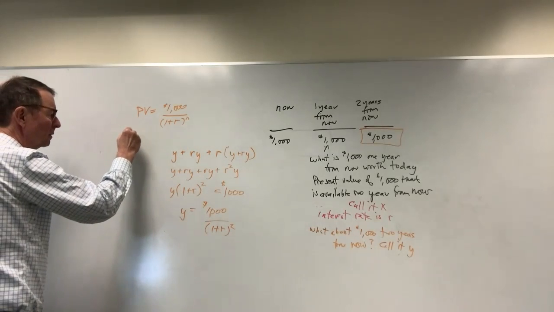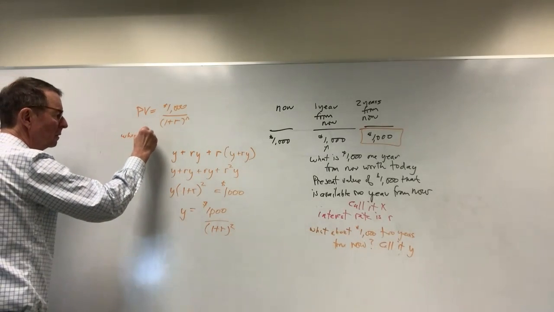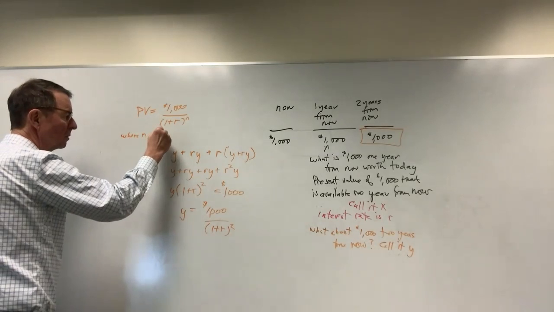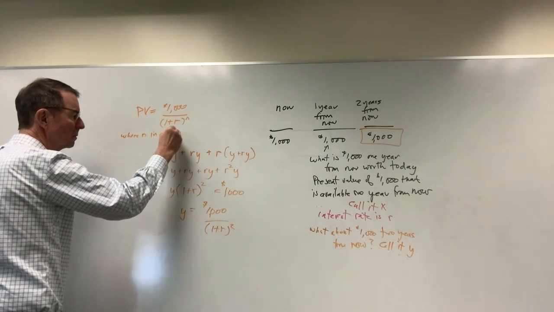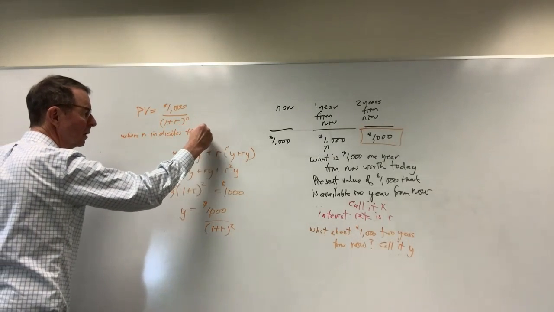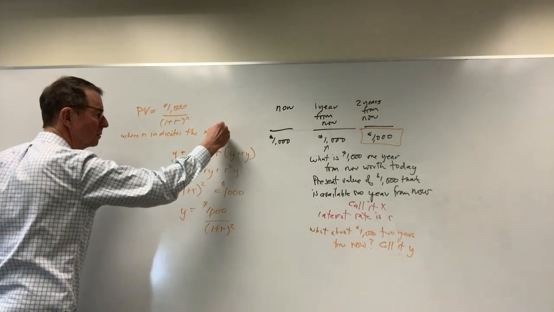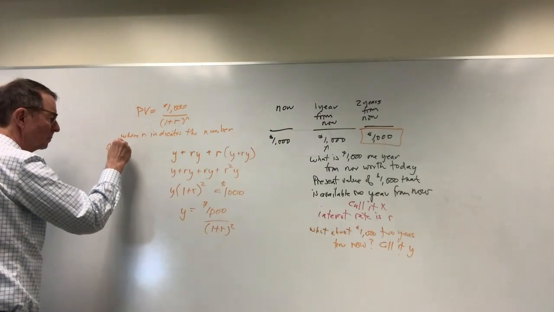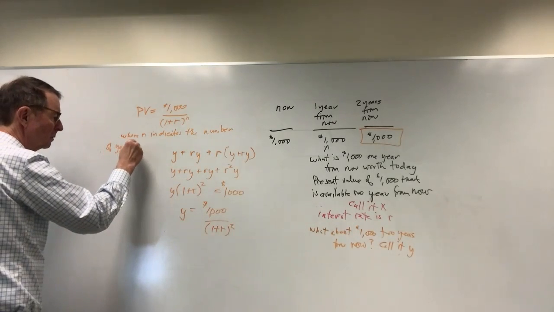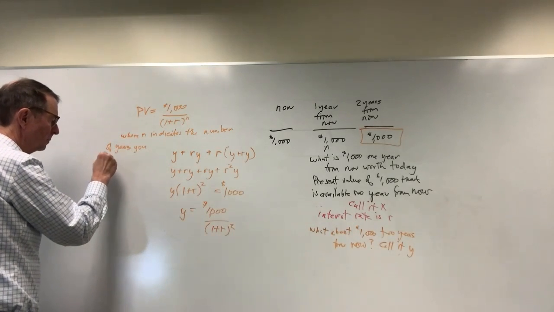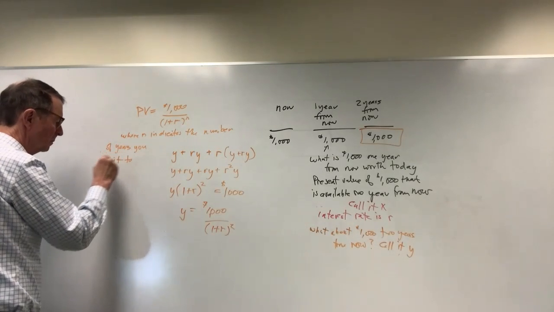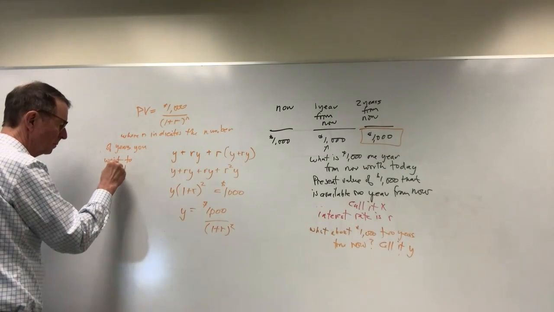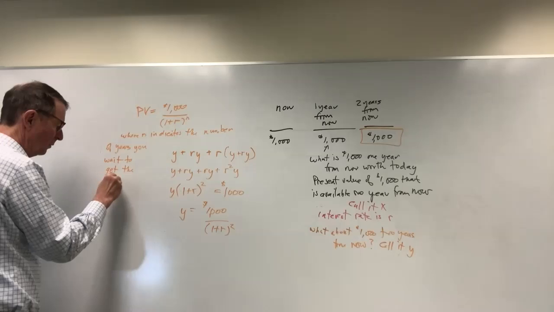where N indicates the number of years you wait to get the $1,000.